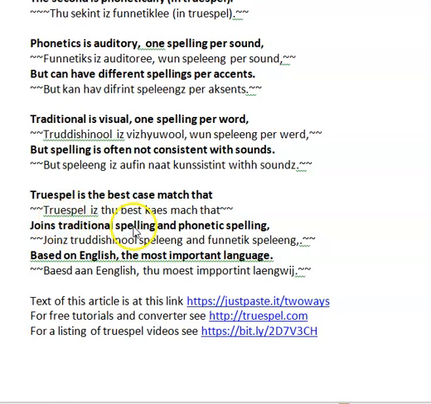Truespel is the best case match that joins traditional spelling and phonetic spelling based on English, and Truespel is actually American English, the most important language.